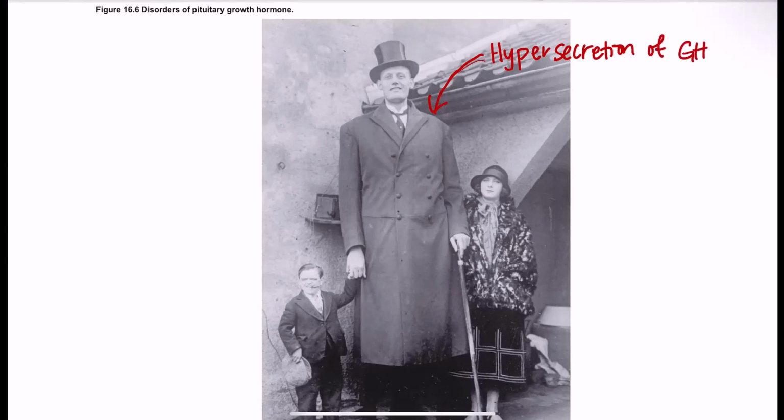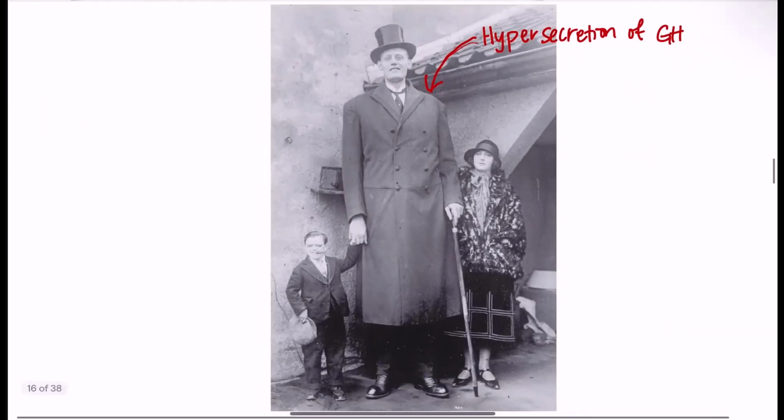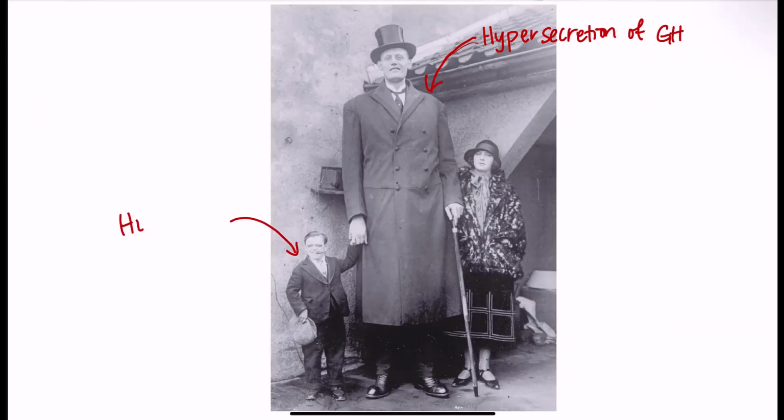And that would lead to a disorder called gigantism. Notice, though, that the proportions are all correct, as we would expect them to be. The flip side of this is that if secretion is too low during childhood, this would result in hyposecretion. And that leads to pituitary dwarfism. Both of these disorders result in normal body proportions because it happens during childhood, but just more or less growth depending on what it is.